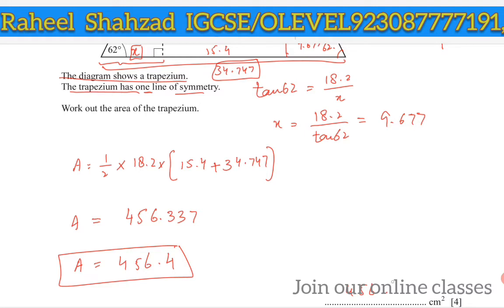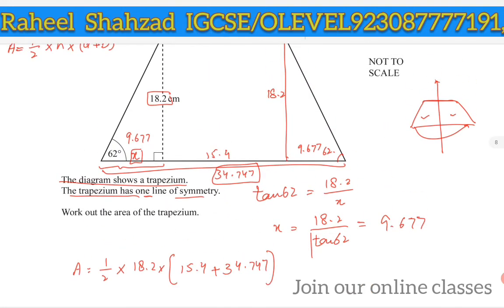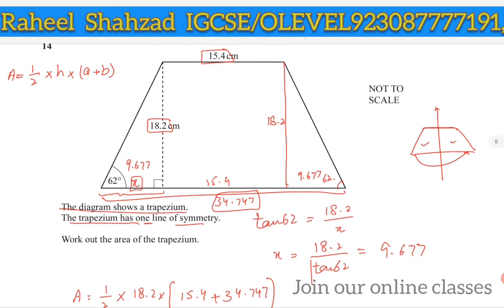Got it? If you don't approximate values and put the whole thing in the calculator, you get the same. In this question, since we have one line of symmetry, these values are the same.